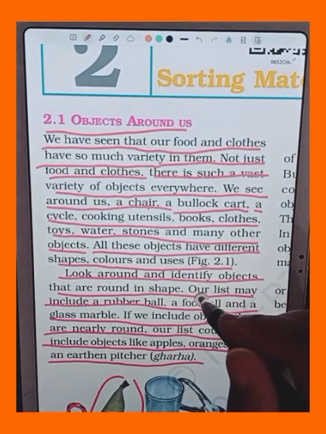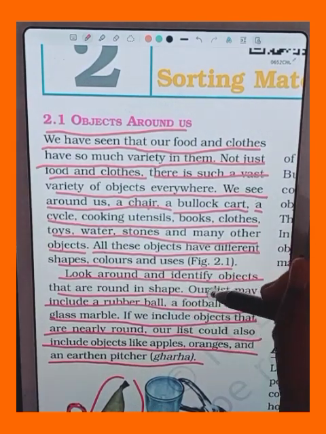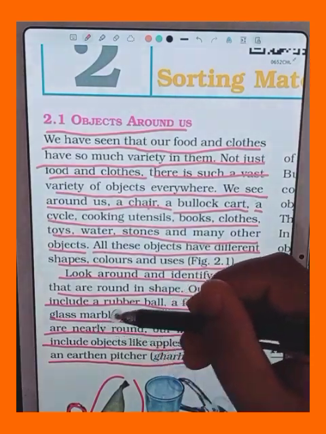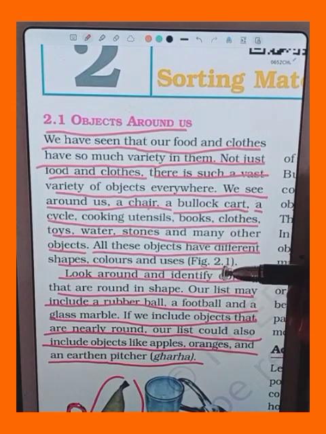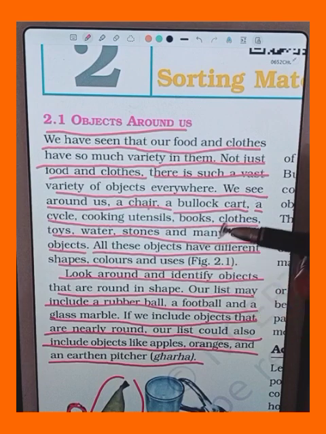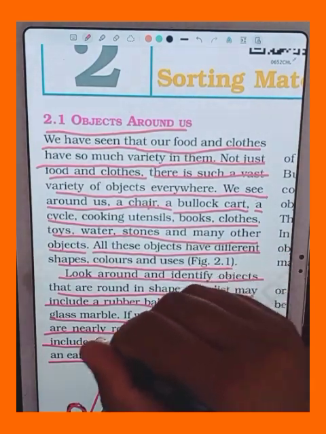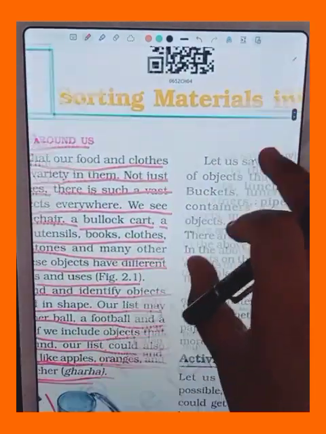So in this paragraph, the author is trying to say that you have to make a list to identify which shapes are round, which are square, which are cube, which are cuboid. Your list should contain rubber balls, footballs, glass marbles, dice. If we include objects that are nearly round, our list could also include apples, oranges, and an earthen pitcher.